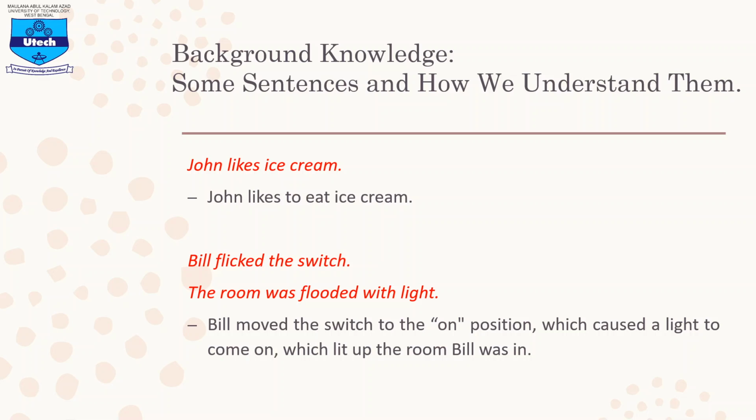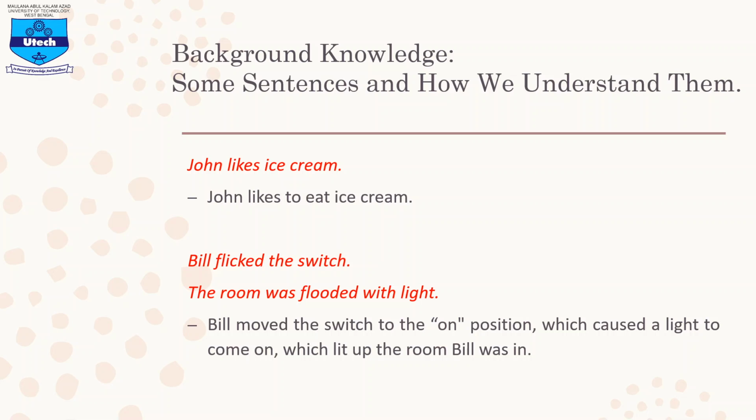So this should be the full statement. But whenever we are communicating with another person, trying to give what we have seen, we are not always going to say the full statement. Sometimes we omit some portion of the statement, but our meaning remains the same. So that is the background knowledge we have.